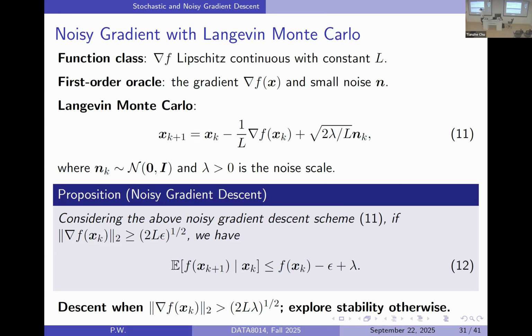A very interesting result for this noisy gradient descent is that if the gradient norm is large, larger than 2L times the square root of epsilon, you can show that in expectation, conditional on the last iterate, it decreases: the next iterate's conditional value is smaller than f(x_k), the current function value, minus epsilon plus lambda.